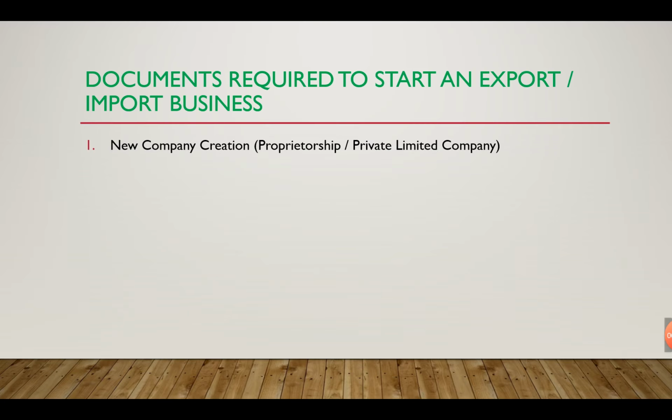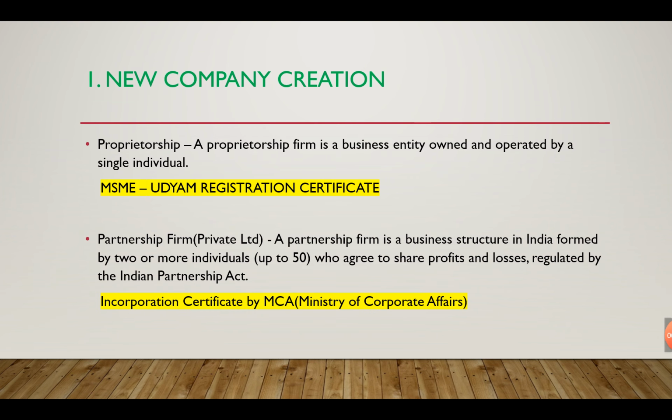So the first one is new company creation. The company can be a proprietorship company or a partnership firm, which is a private limited. If any individual wants to create a new export company, you can go for a proprietorship.